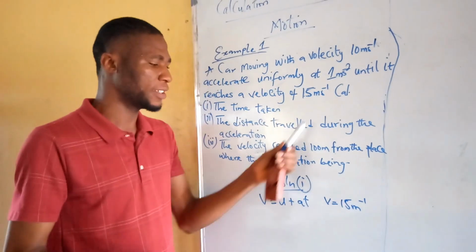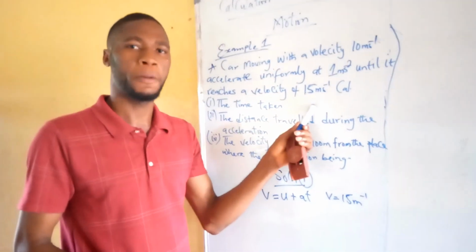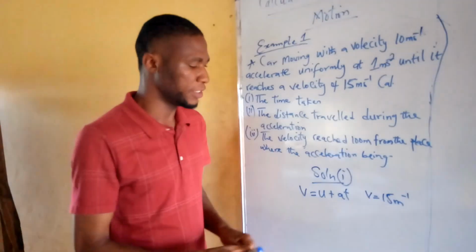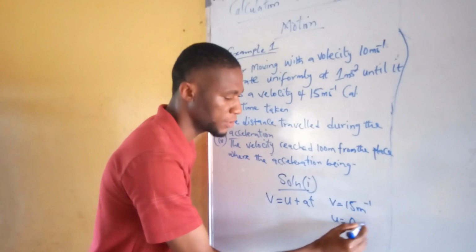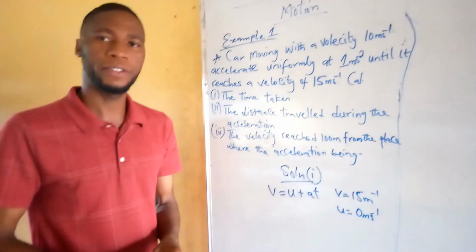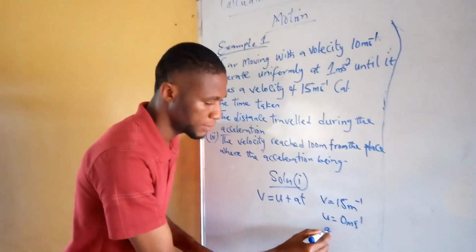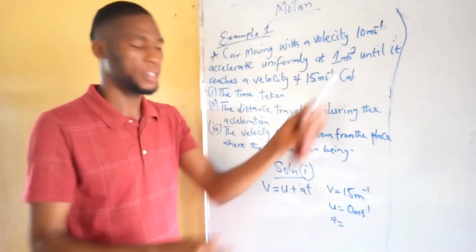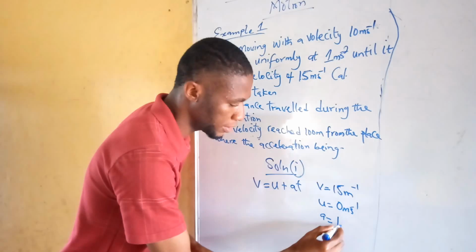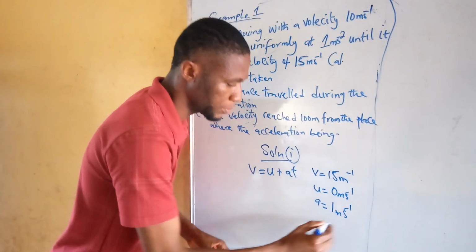In this particular case, the initial velocity is 0, so u is equal to 0 meters per second. And the acceleration is 1 meter per second square.